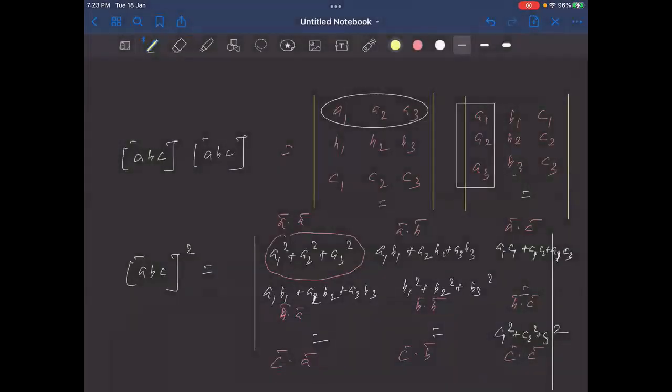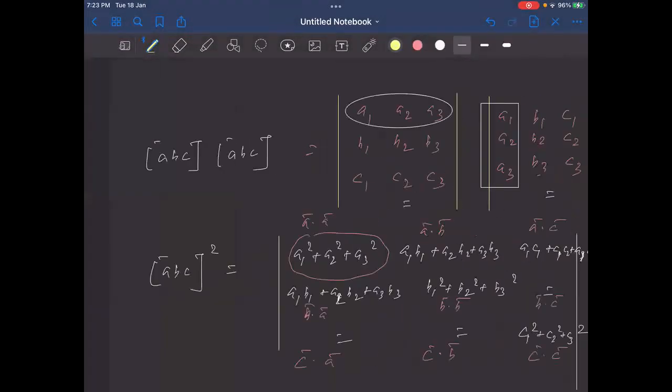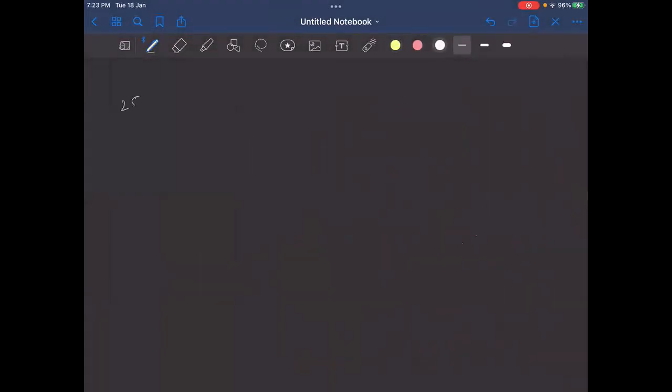ठीक है, तो अब देखो एक और चीज, 25th देखो तो, 25th just write. It's the 25th is also vector equation.